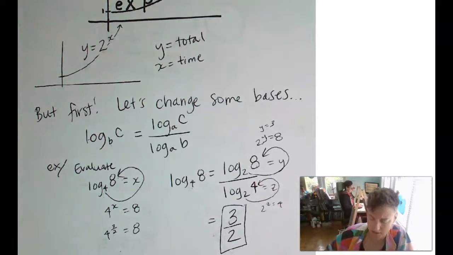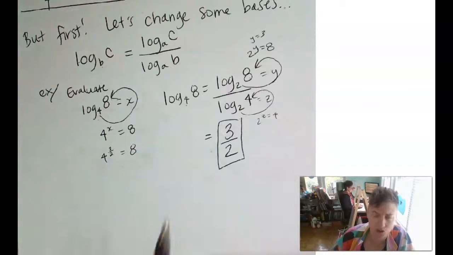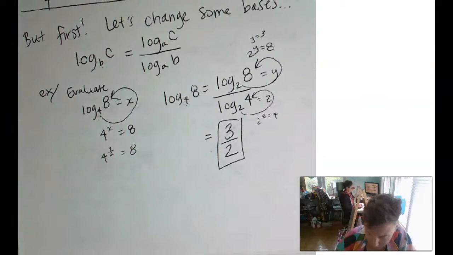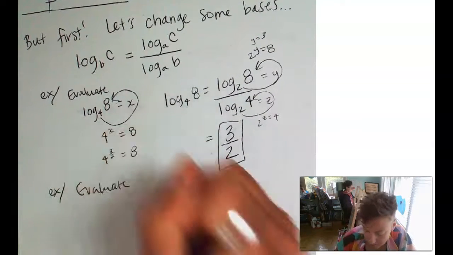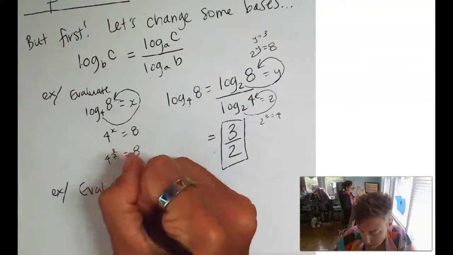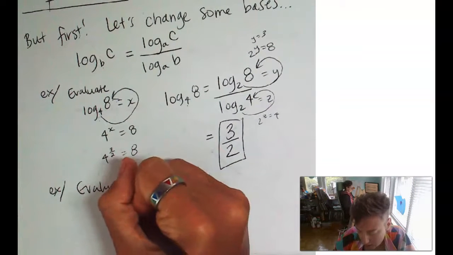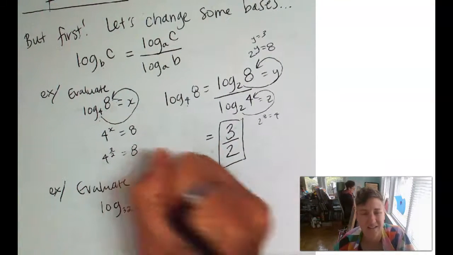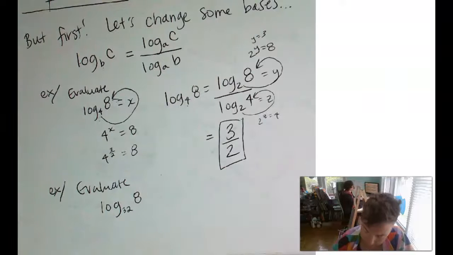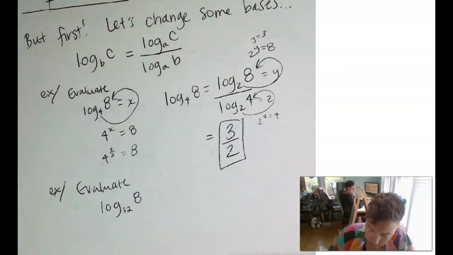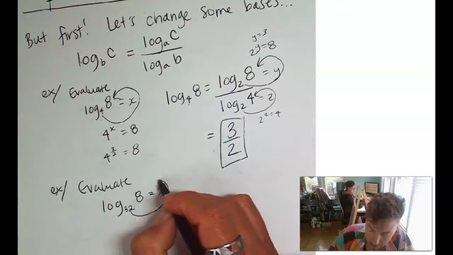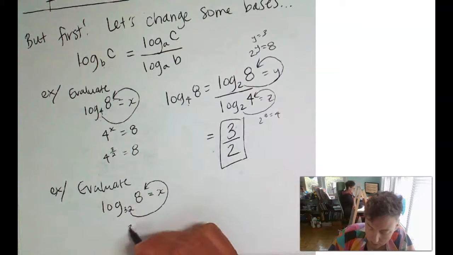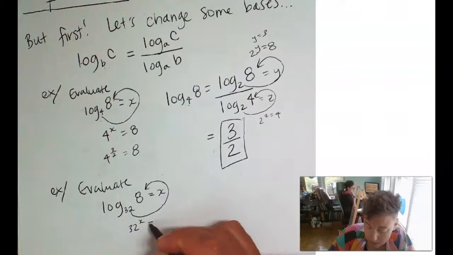Let's do another one of these examples. Solidify this change of base in your noodle. For this one, let's do log base 32 of 8. Do I know what that is right now? 32 to the x power equals 8.